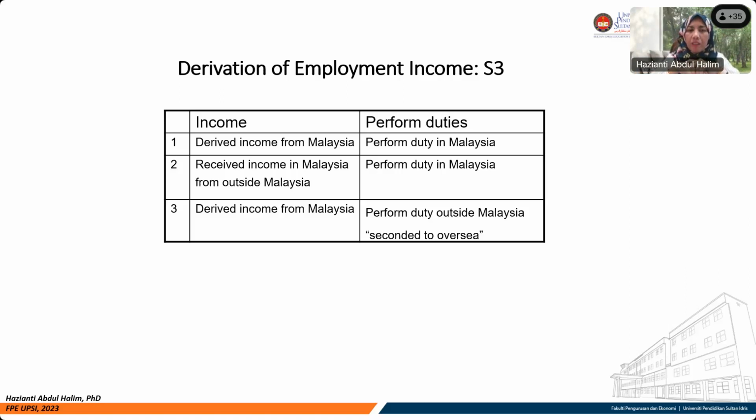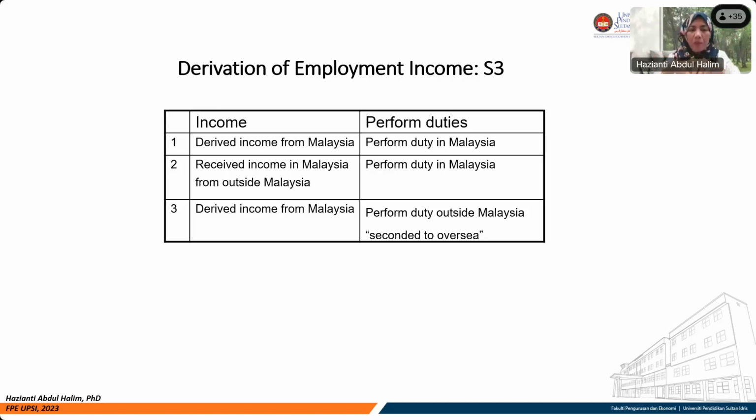Let's say international schools or international colleges, for example, the lecturers or the teachers perform the duty in Malaysia. They receive the income in Malaysia, but the source of income might be coming from outside Malaysia, which means maybe the owner of the school or the college or the business is not in Malaysia, but the income they receive, and they perform duty also in Malaysia. The income received from outside Malaysia.